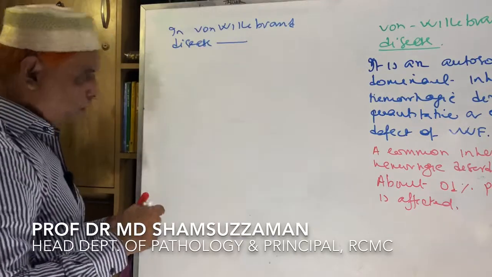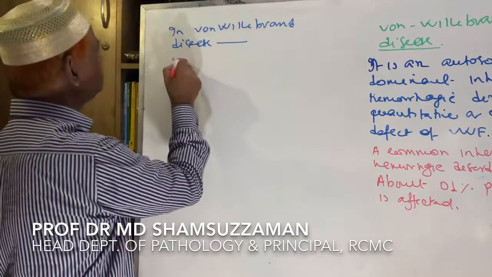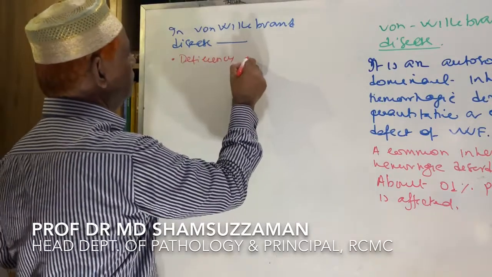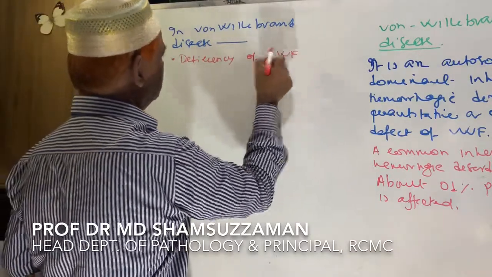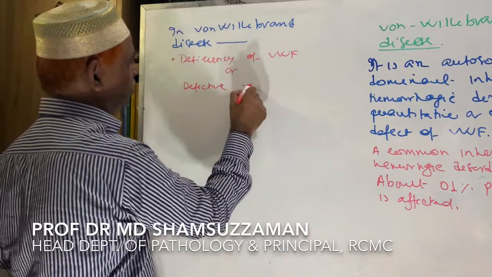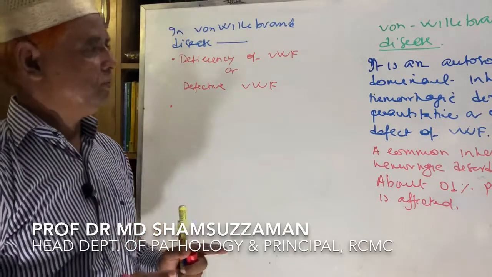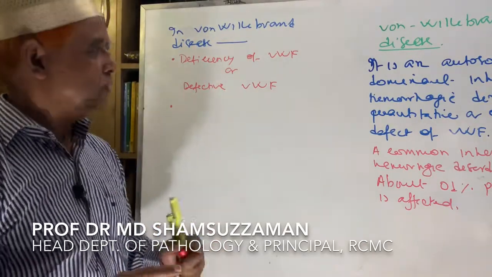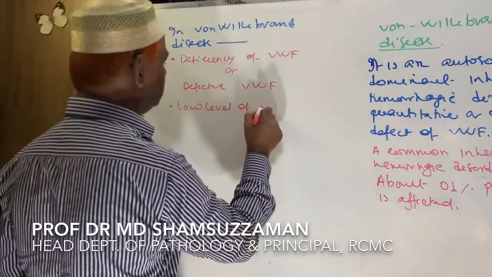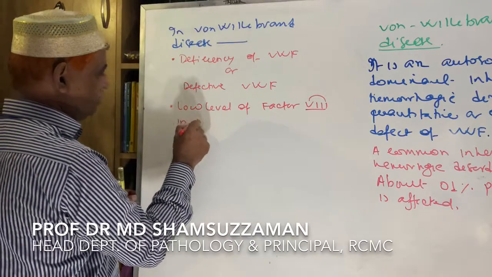In von Willebrand disease, there is deficiency of von Willebrand factor or defective von Willebrand factor, and low level of factor 8 in combination with von Willebrand factor.